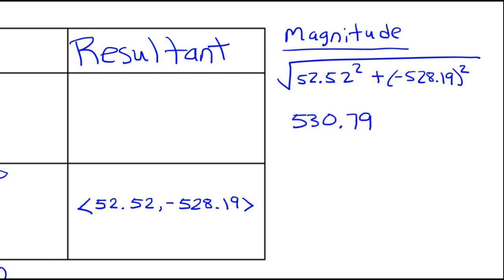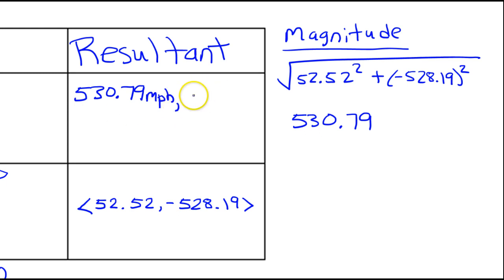Calculator. So I'm getting 530.79. So that is the magnitude of the resultant vector, 530.79 miles per hour. Remember that we're talking about the overall speed of the plane, including the effect of the wind. So that's the magnitude.